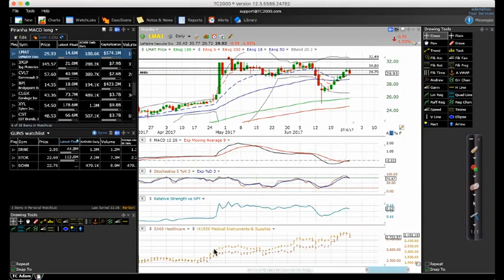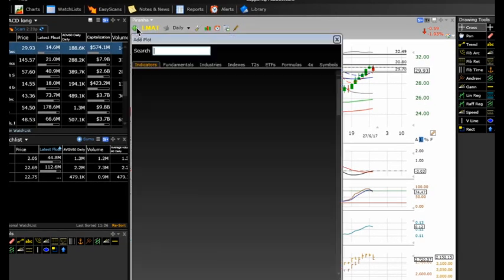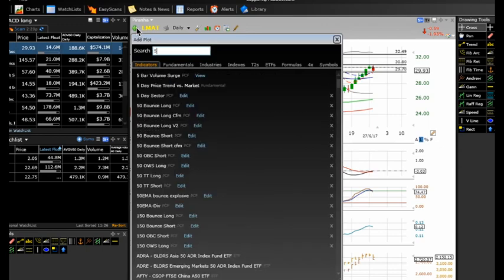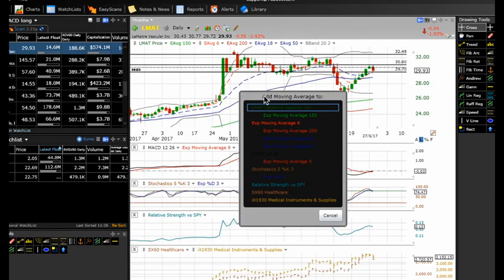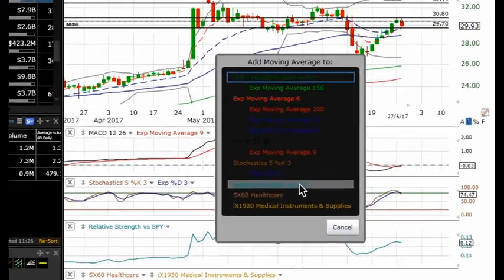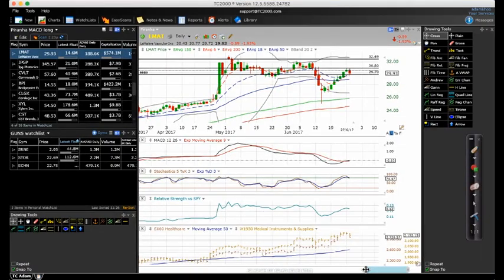Now again, you could put a 50 moving average on the sector and industry to get a better look. So I'm going to add in a 50 moving average. And I'm going to add the moving average to the sector. There you go.